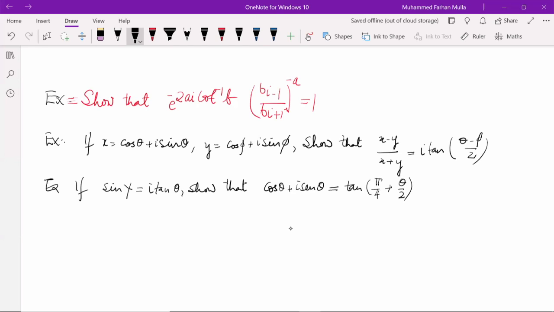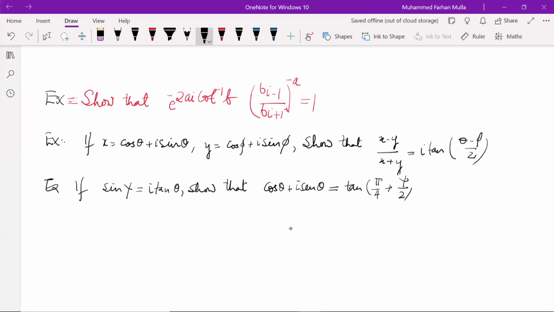Sorry, psi by 2. It is not theta, we have psi here. It is psi by 2. So this is another exercise which we have solved in the last lecture. In fact, I had given one homework also, that also I will share with you in the Google Classroom.